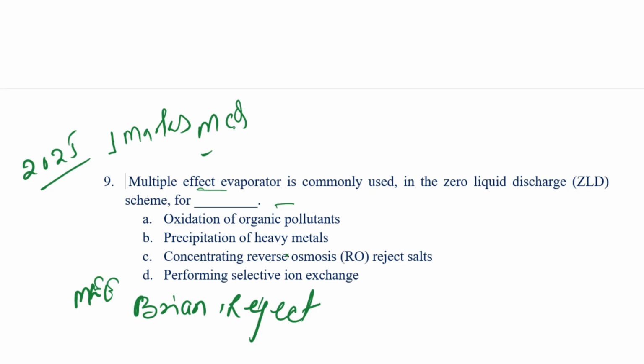It means it helps reduce liquid waste and recover maximum water. And this multiple effect evaporator uses multiple stages to effectively evaporate water, leaving behind the concentrated salt for further treatment or disposal. So it means it rejects salt.